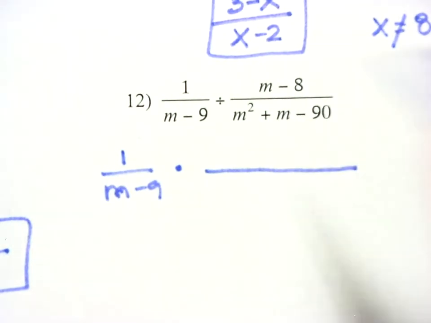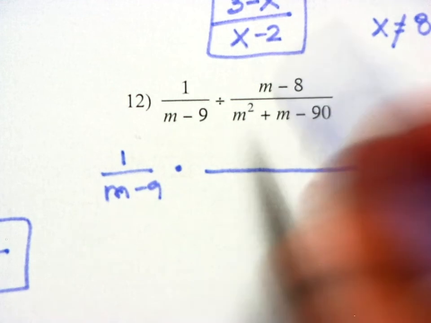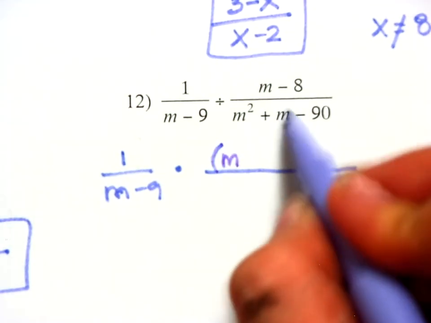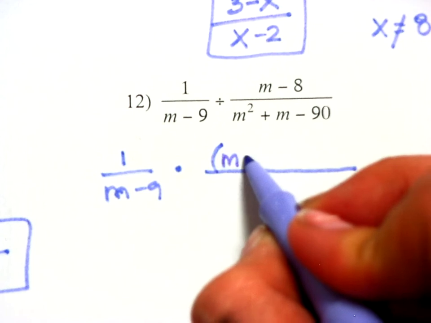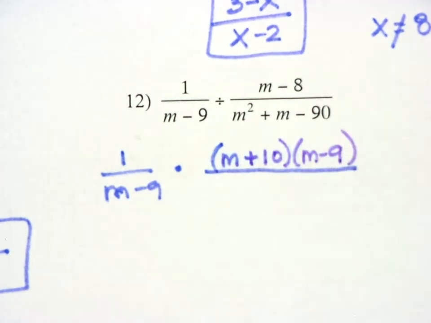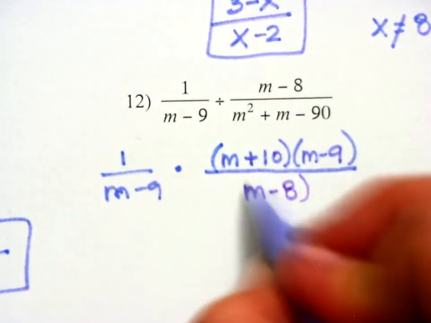And I know that 9 and 10 multiply to 90. I also know they're 1 apart. So that means I'm going to have, as my numerator, m, let's see, this needs to be positive, so this is going to be m plus 10 and m minus 9. Then don't forget, this is going to be your denominator now, m minus 8.